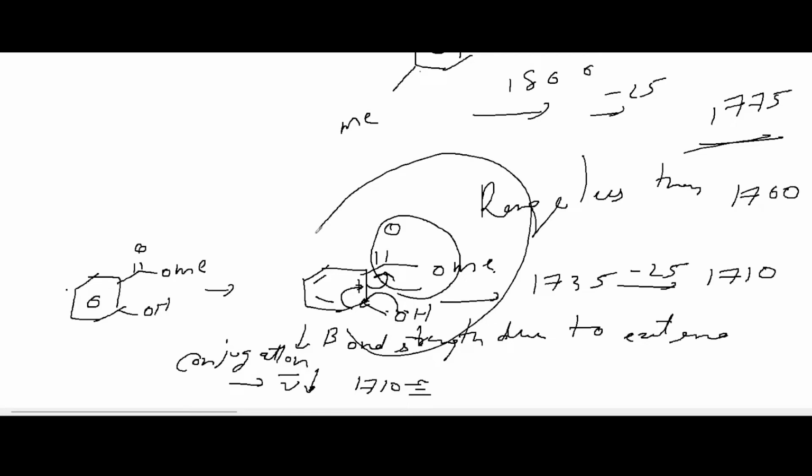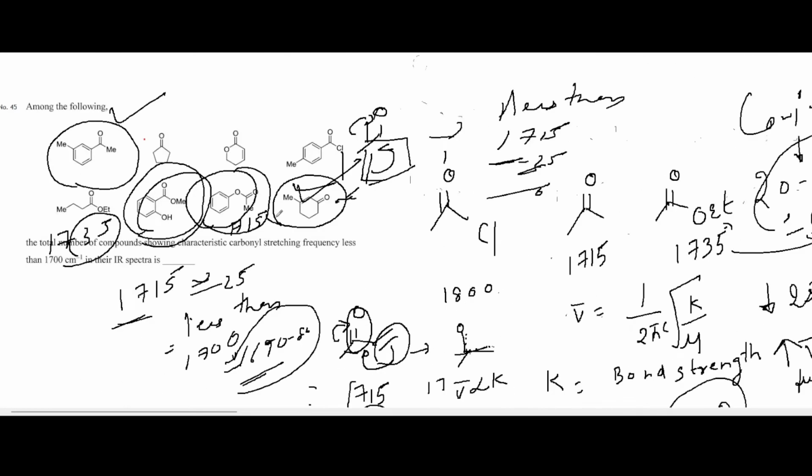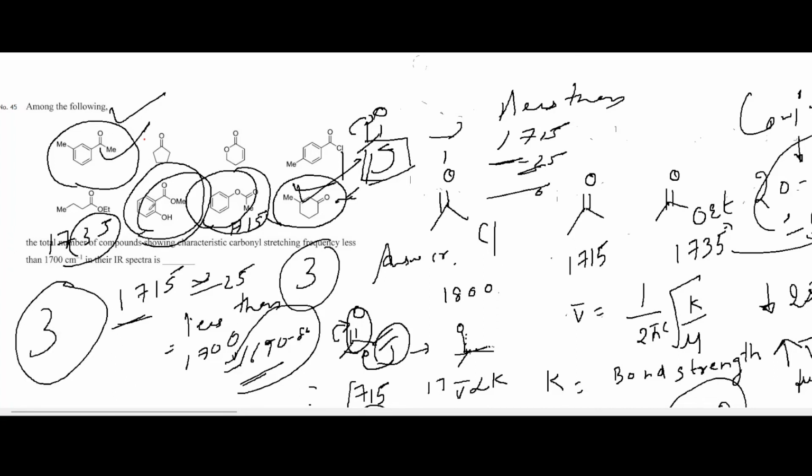So this one will also be your third one. This is an NAT type question. So the answer is 3: this one, this one and this one. I think you all understood now.